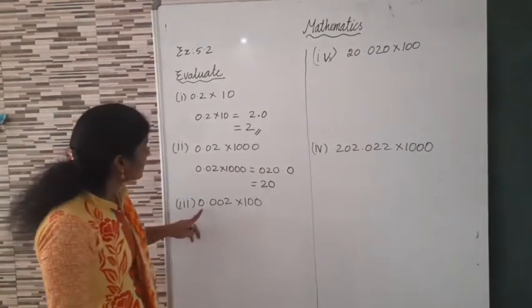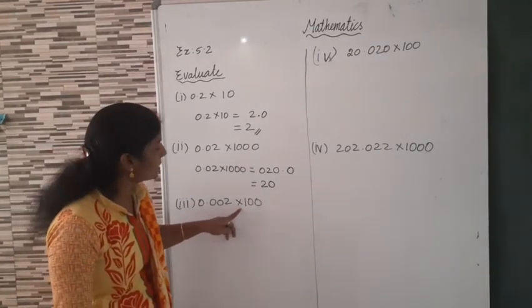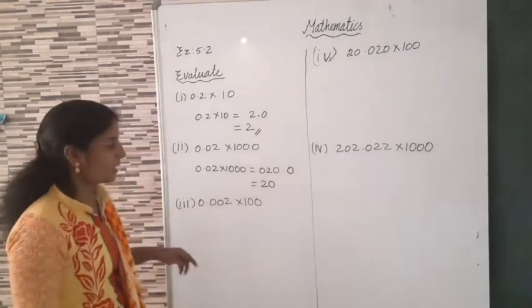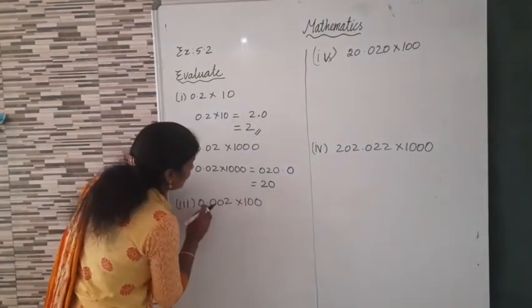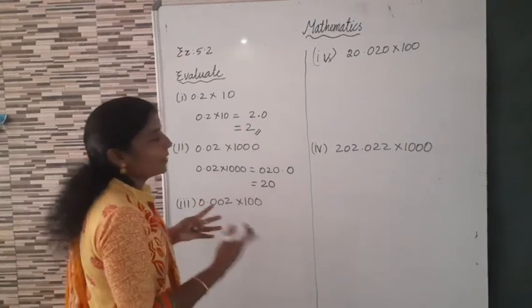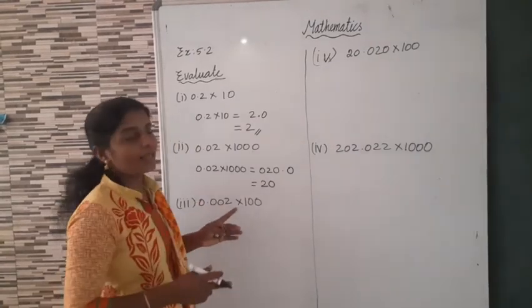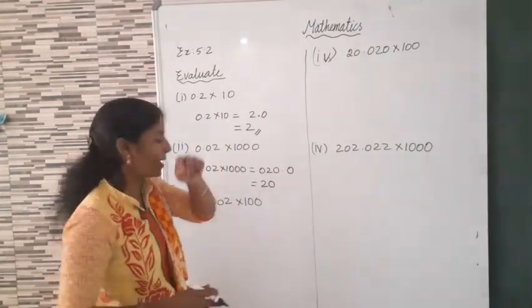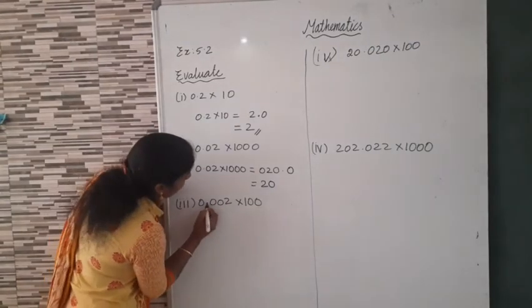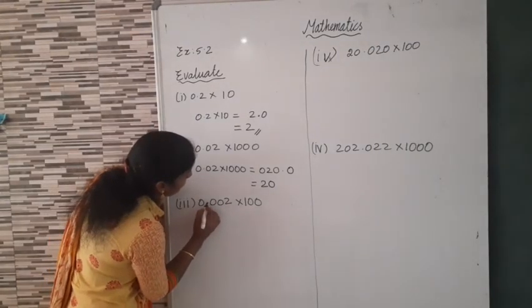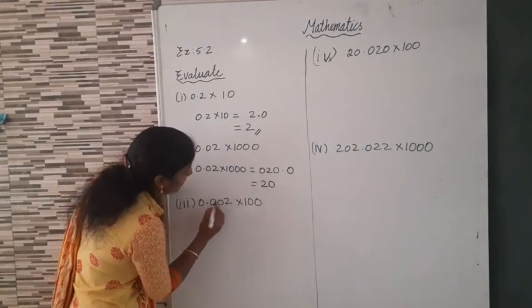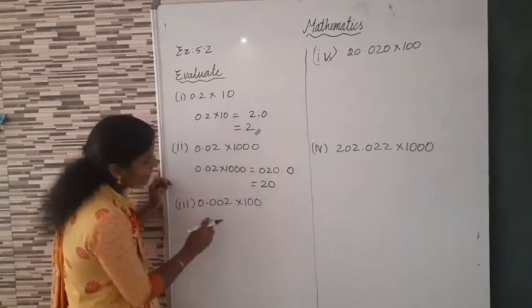Now here, 0.002 into 100. Here 100 means this decimal point shifts to the right by how many places? 2 places. So this point will shift to the right by 2 places, means the point will come here, isn't it?